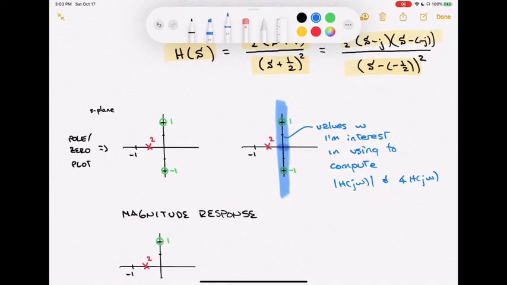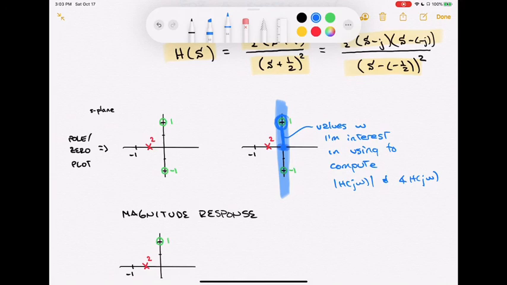Right there at that origin, that's DC, right? DC is about as close as you can get to the pole. So I'm expecting those poles to kick in and give me a pretty strong value at DC. As I move away from DC and start heading up here, I'm eventually going to hit that zero. When my frequency hits that zero, I know that zero is dominating and it's going to make the response really, really tiny.